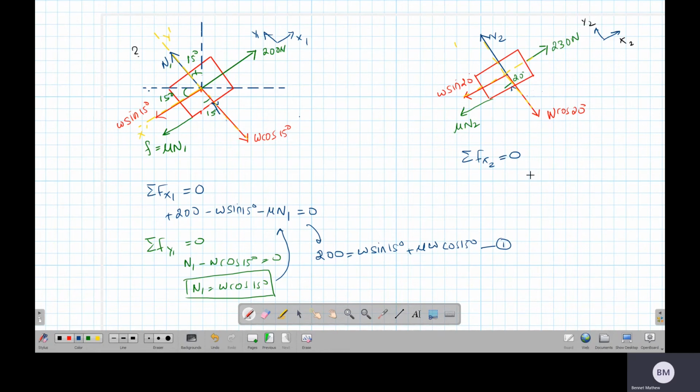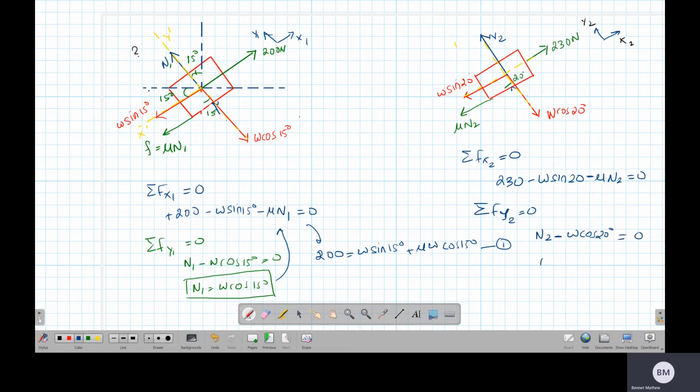Okay, if x2 is 0, we can assume this direction is positive. So 230 is positive minus w sin 20 minus mu n2 equal to 0. Okay, then summation of forces in y2 equal to 0. Then we have, upwards positive, n2 minus w cos 20 degree equal to 0.